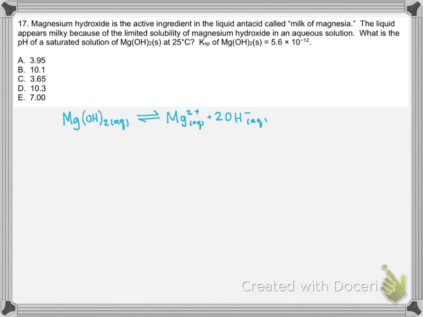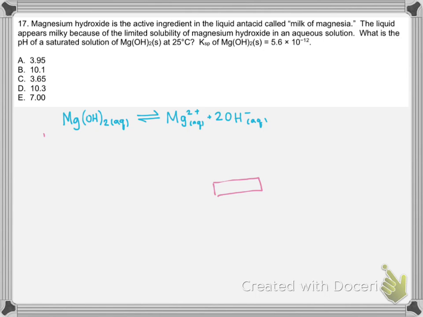So here for number 17, we're going to do something really similar to what we did in the last one. They want us to figure out the pH of a solution of magnesium hydroxide given a KSP. So really what we're trying to do is figure out what the equilibrium concentration of the hydroxide is. Then once we know that, we can just go ahead and solve pOH and then pH.